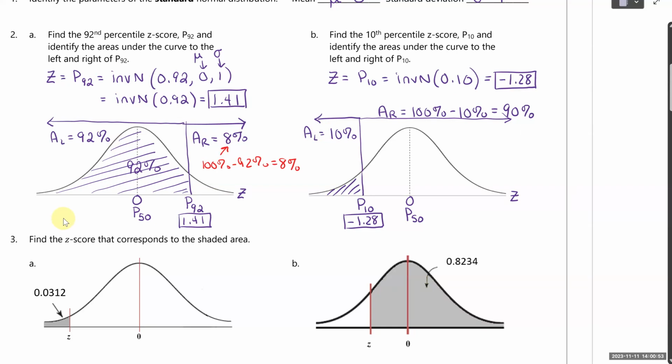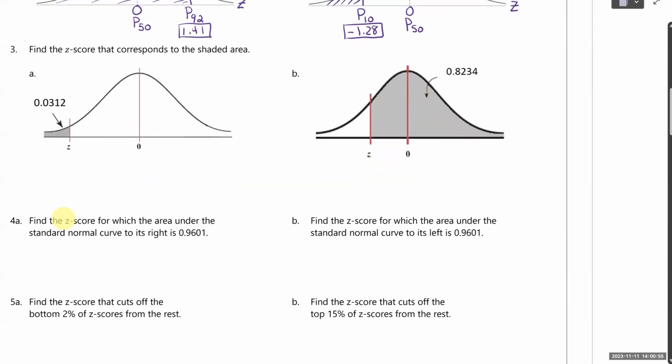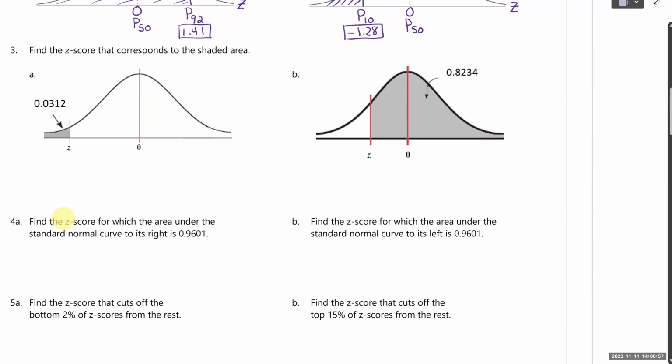Okay, so for number 3, find the z-score that corresponds to the shaded area. The thing to point out here is that on 3A, we're looking for that z-score, and they shaded the area to the left of it. Let me compare that to this picture. We're looking for this z-score, but they didn't shade the area left of it.